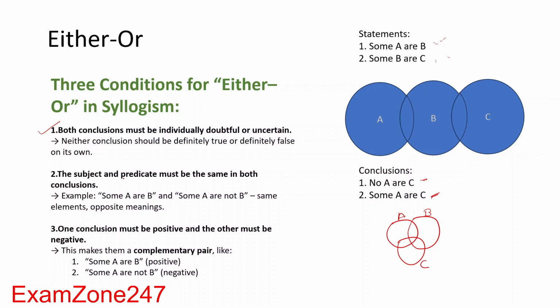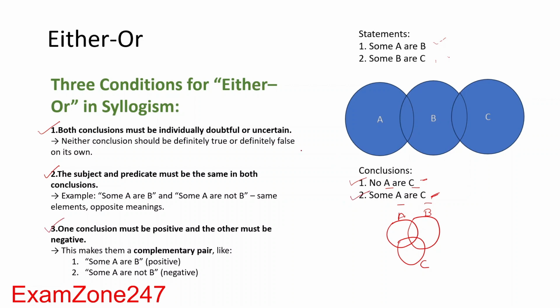The second one is that the subject and predicate must be the same in both conclusions. The subject A and predicate C are the same in both these statements. So this is also right. The third one is that one conclusion must be positive and the other must be negative. This makes them a complementary pair. Here one is a negative statement and the other is a positive statement, so this condition is also true.